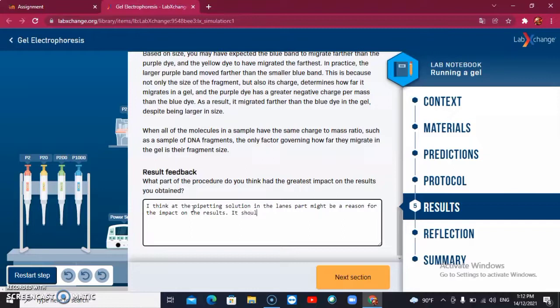It should stop at the first stop. If it stops at the second stop, it might affect the results.